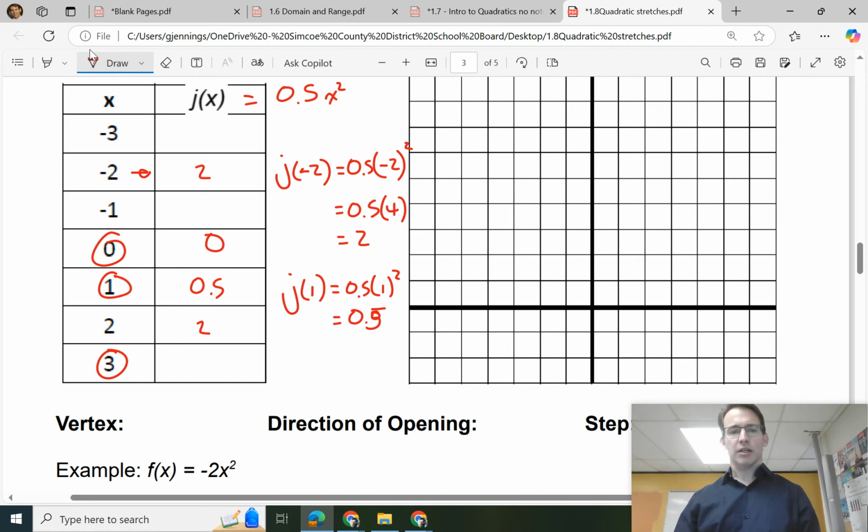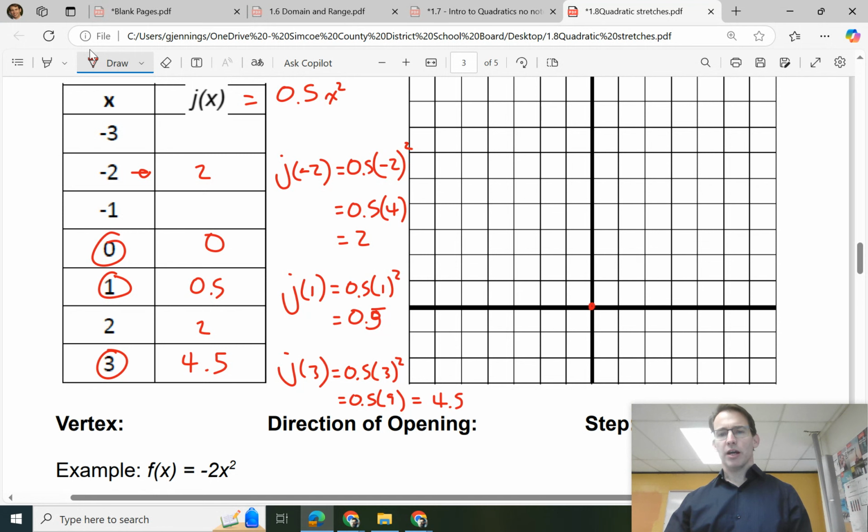And then 3. j at 3 is equal to 0.5 multiplied by 3 squared. 3 squared is 9, so this is 0.5 times 9 is 4.5. So let's graph this one, see what it looks like. We have 0, 0 there. We have 1, 1/2, halfway up. We have 2, 2. Yep.